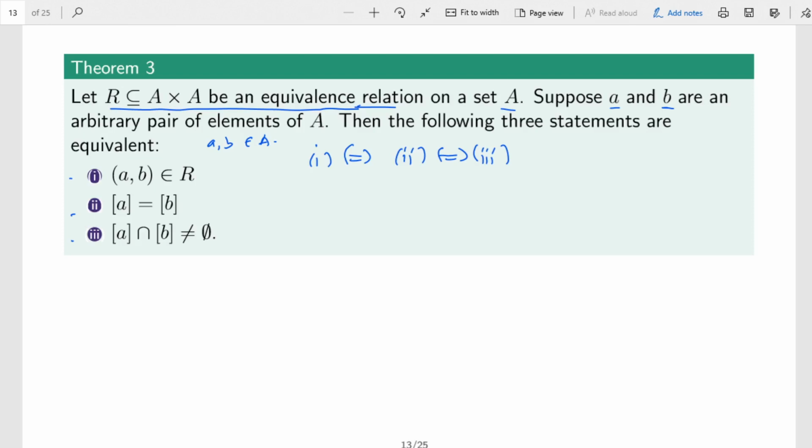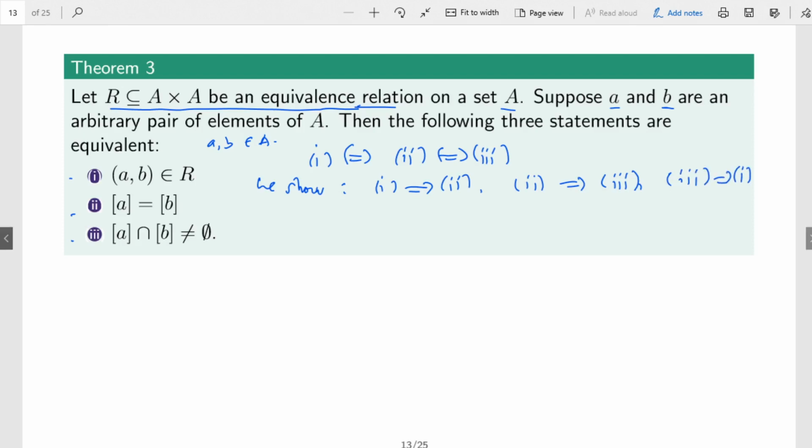And the third is that the intersection of the equivalence class of a and the equivalence class of b is not empty. So we show that 1 implies 2, and then 2 implies 3, and then of course 3 implies 1.